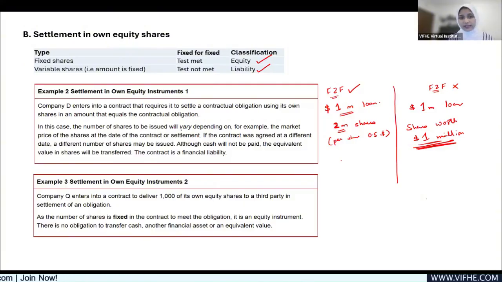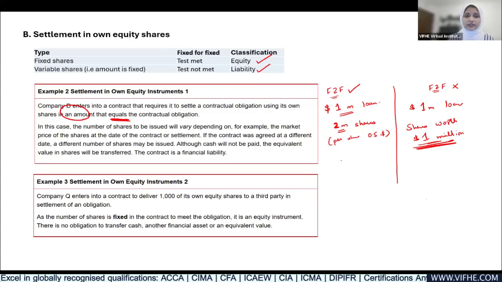Can you all think and tell me, without reading this completely, is this an equity instrument or a liability instrument? It's a liability because the amount is fixed.